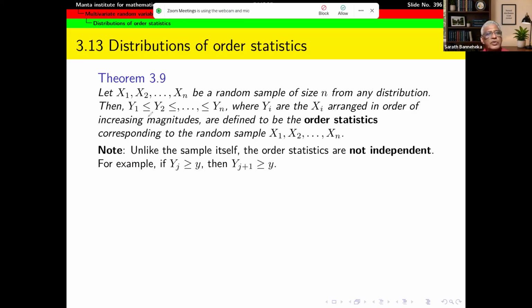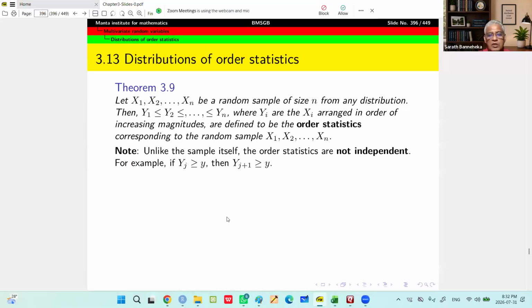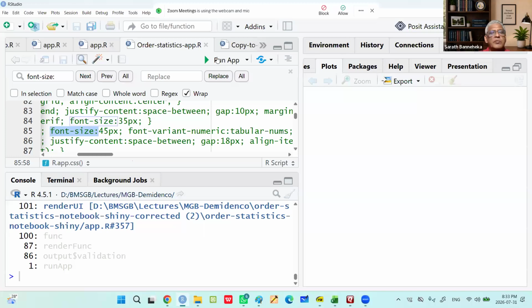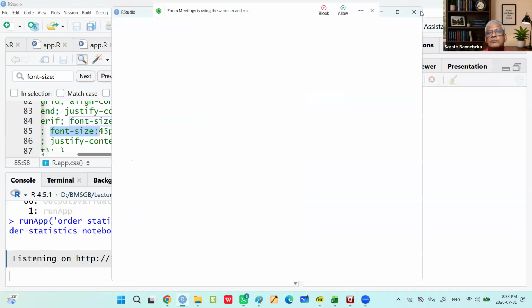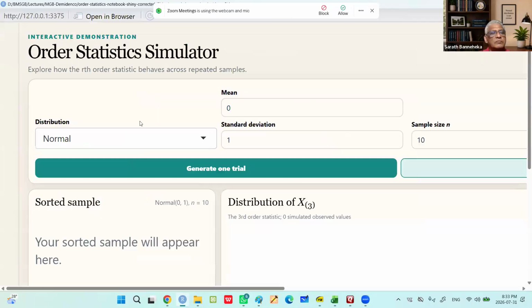So to show that, I will now use a Shiny app I have here. So let me run this Shiny app. Right. So here in the Shiny app, I have the possibility to select random samples from several distributions.